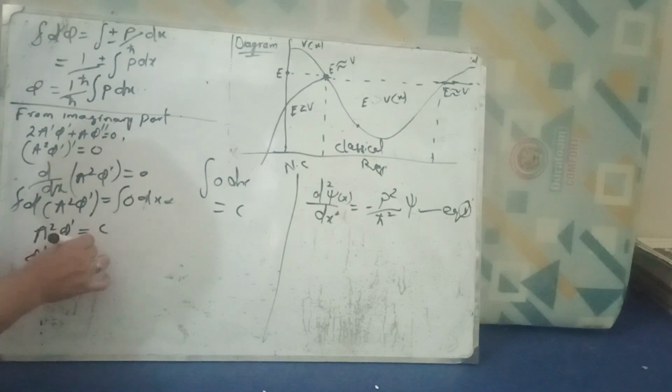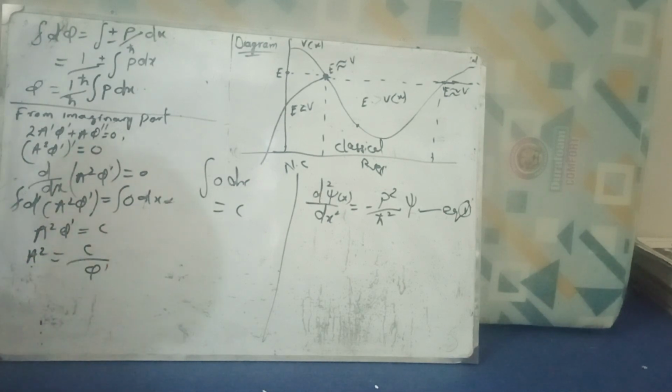So a square is equal to c divided by phi prime. Taking square root on both sides, a is the square root of c divided by phi prime.